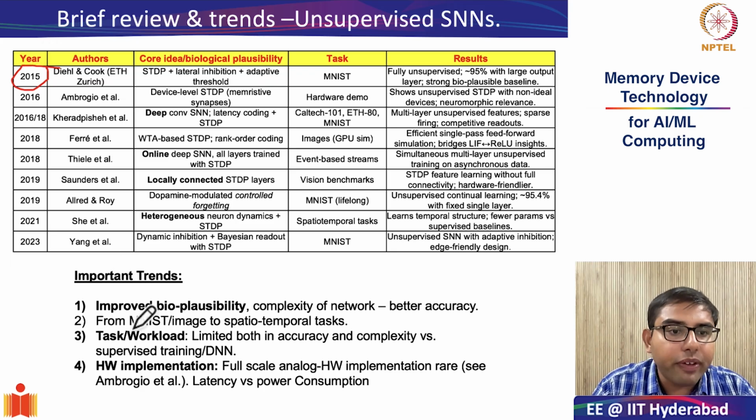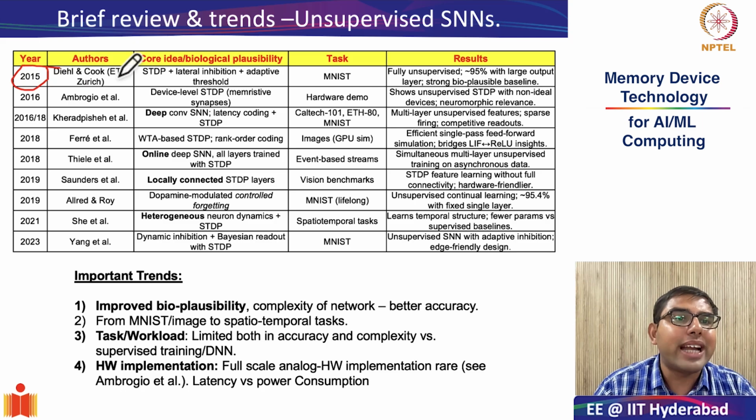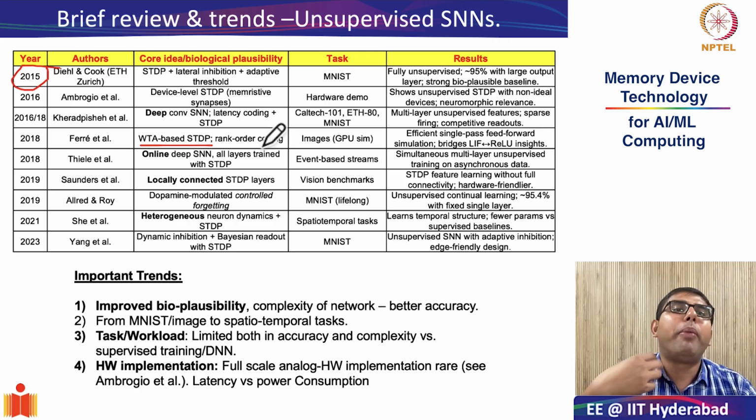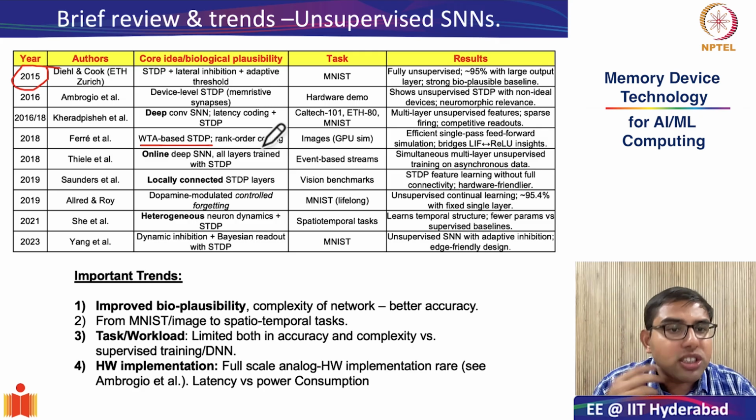The first thing that we see is that after the first work by Diehl and Cook from ETH Zurich, there were many different works which showed better and better bioplausibility.